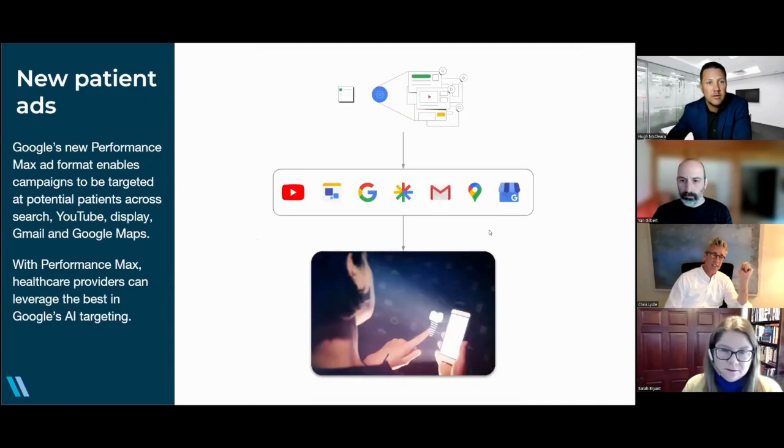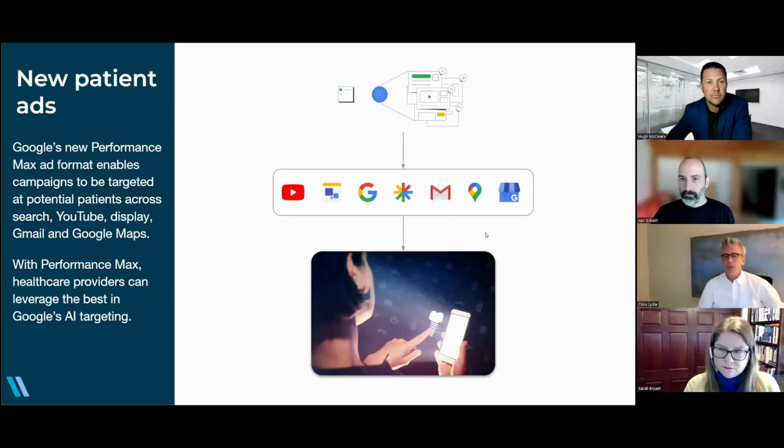On the other hand, we also know that a lot of practices are very sophisticated advertisers. So Google has recently been converting a lot of their ad formats to what they call Performance Max. With Performance Max, you don't have to run a YouTube campaign or a Gmail campaign or a display ad campaign like you used to in all those silos.